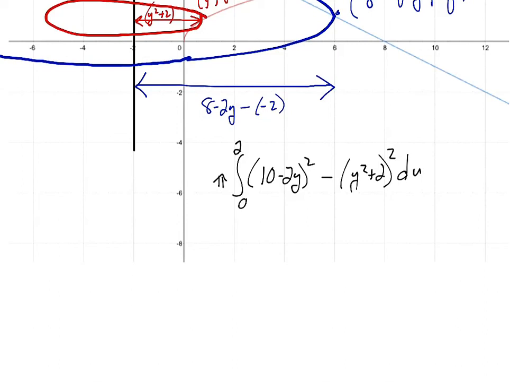And again, this is when we're rotating around the y-axis, or we're rotating around a vertical line. Our washers have a width of dy. We are integrating up the line x equals negative 2. And we are done with example 2.